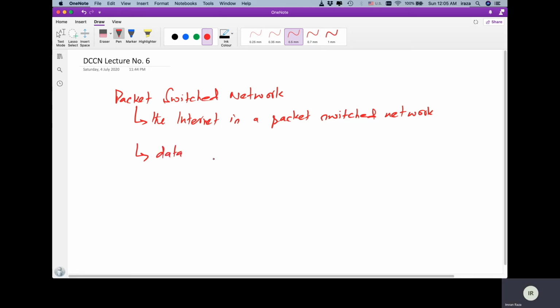So the data is encapsulated, or you may call it parceled, into packets or datagrams. And importantly, each packet carries a destination address.